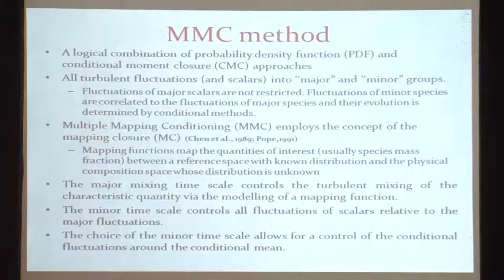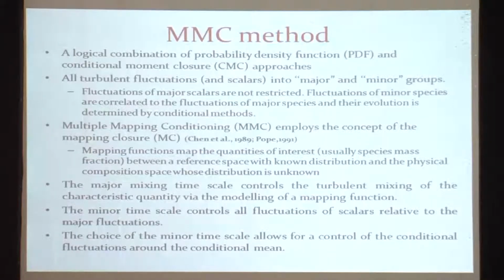In mapping closure, we describe a mapping function and we try to evolve the mapping function over time. The major mixing time scale controls the turbulent mixing of the characteristic quantity via the modeling of a mapping function, whereas the minor time scale controls the fluctuations of scalars relative to the major fluctuations.